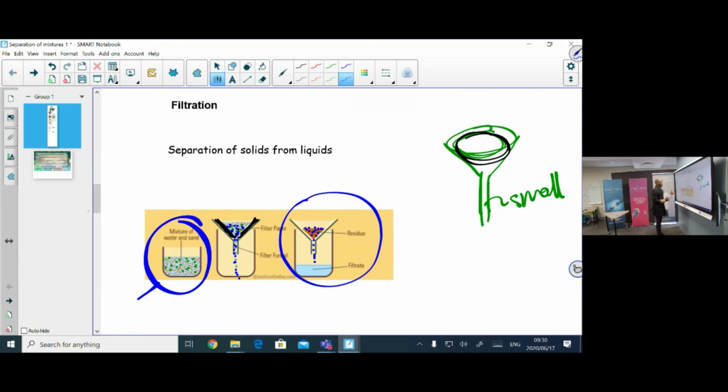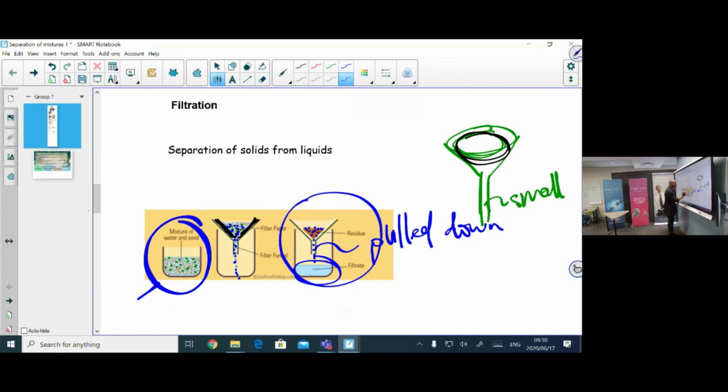And water will be pulled down by gravity, of course, and will collect or accumulate at the bottom, whilst your solids will collect along your funnel.